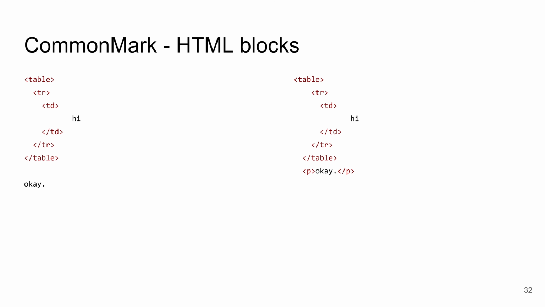When this tag is ended by the end tag, the processor gets switched again into Markdown mode, and the rest of the document gets translated as regular Markdown. So the OK text at the end of the example gets translated as a regular paragraph OK in HTML.